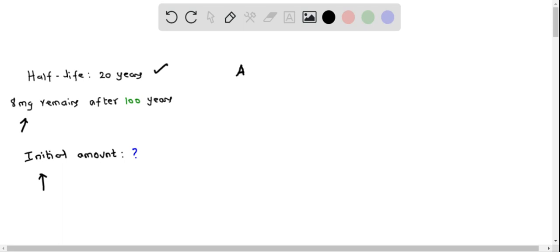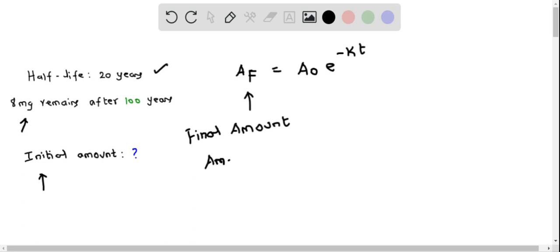So we can write this as A_F equals A_0 e raised to the power of negative kt, where A_F represents the final amount of the radioactive substance, that is, the amount after time t.